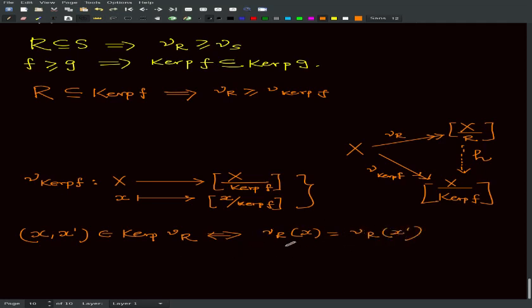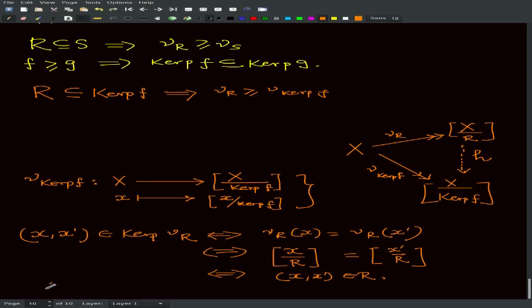And when does this happen? This is precisely the situation when the R equivalence class of x is the same as the R equivalence class of x prime. And this happens precisely when x prime belongs to R. So the kernel pair of mu R is nothing else but R itself.